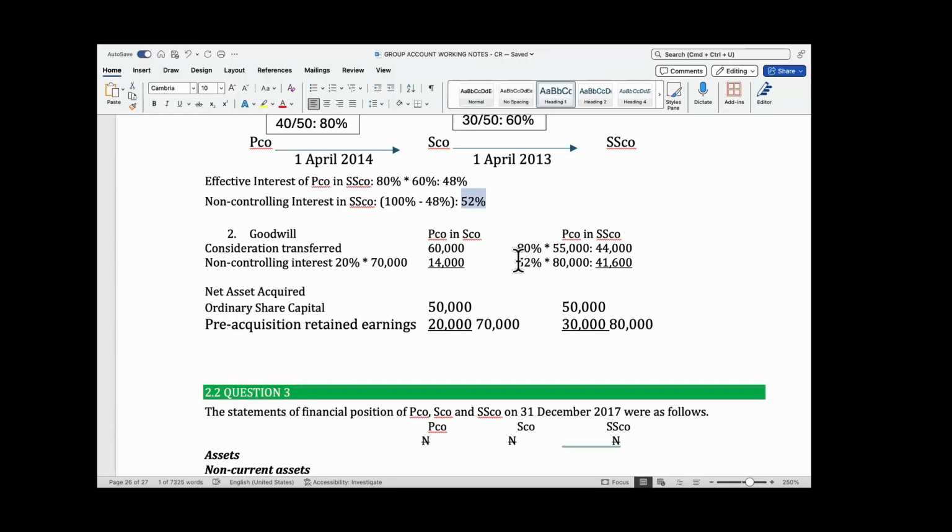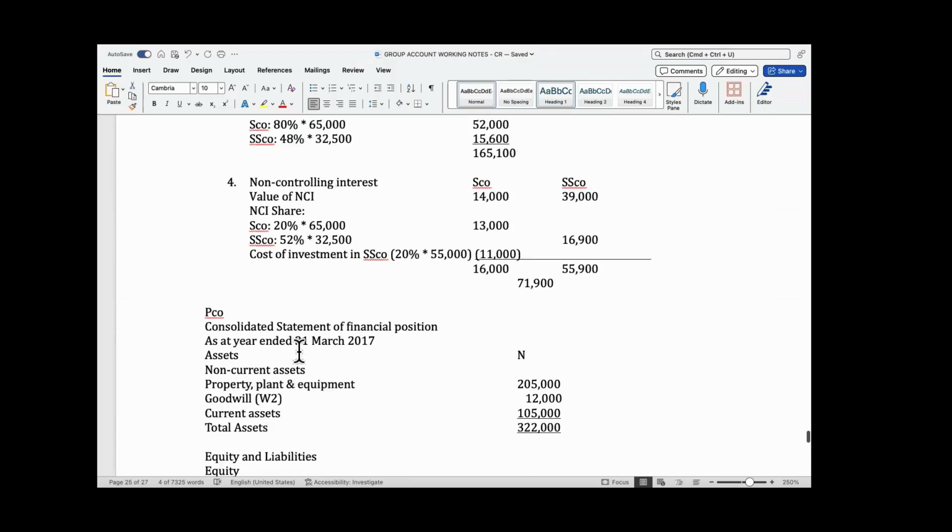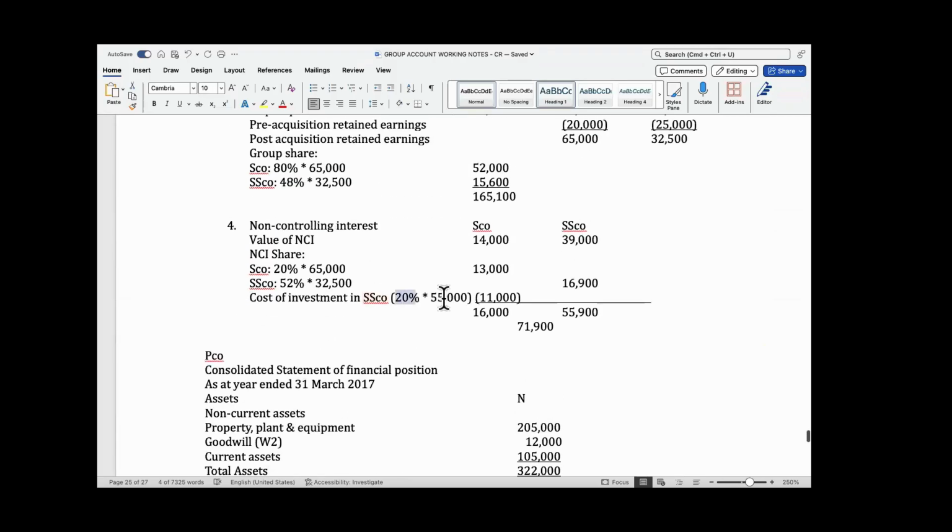What this does for us here is it helps us establish the value of the NCI in SSCO. If you are looking for the balance of this 80%, we would adjust it when we get to NCI, just like we adjusted it up here. The remaining 20% was actually adjusted. It goes to when we're getting the NCI value at the end of the day.